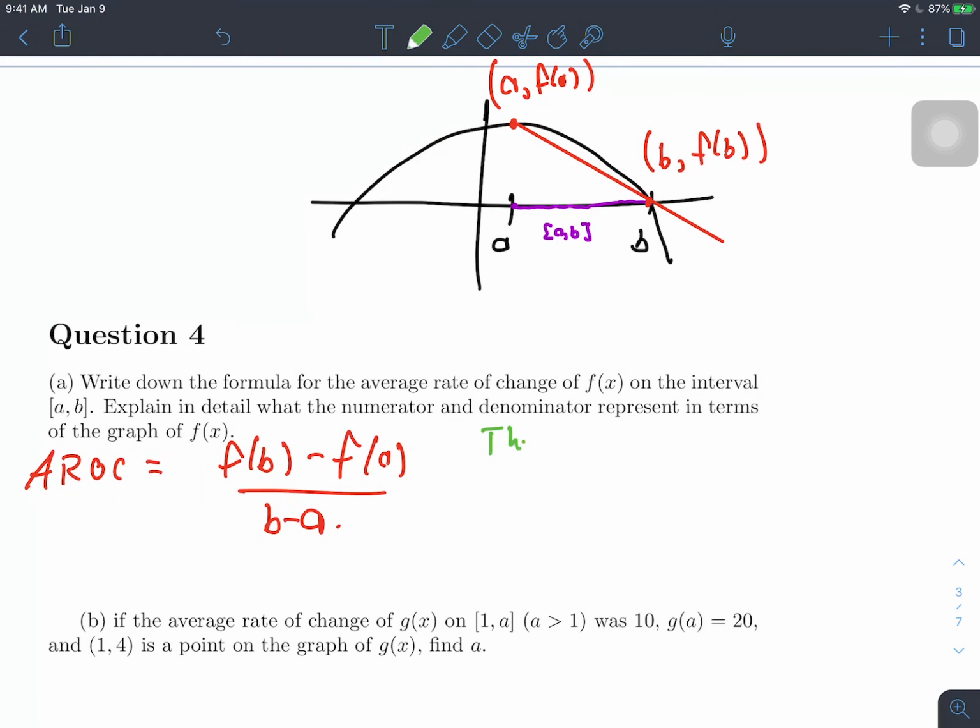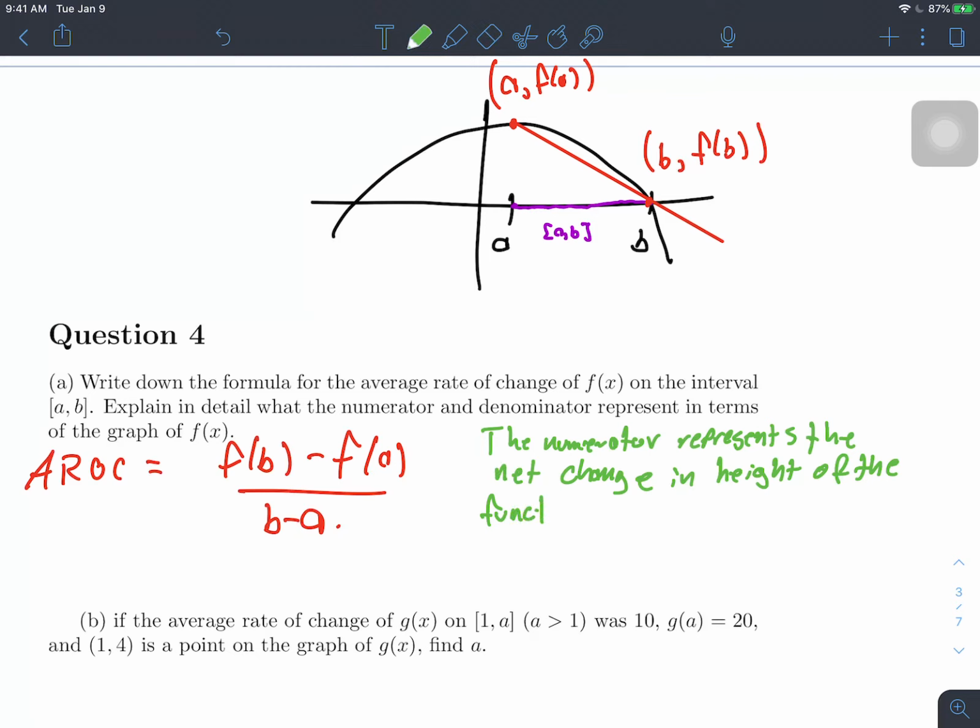I would say the numerator represents the net change in height of the function f of x between x equals a and x equals b.